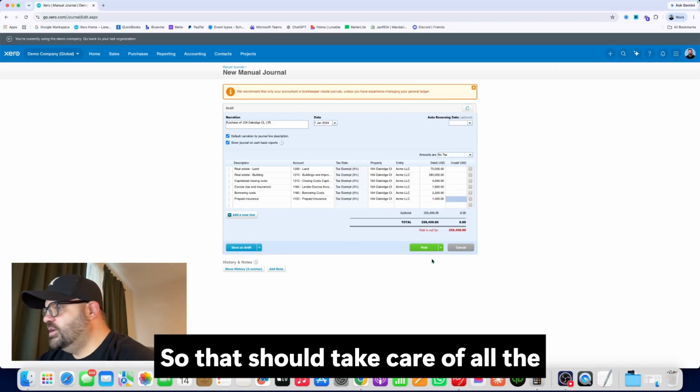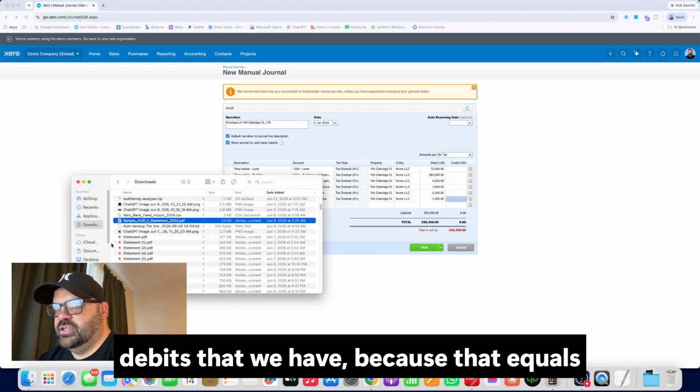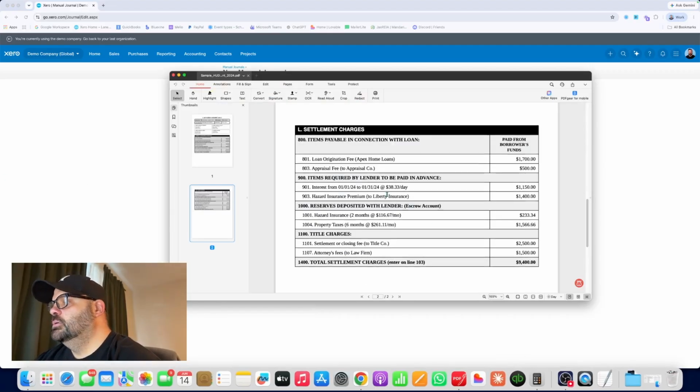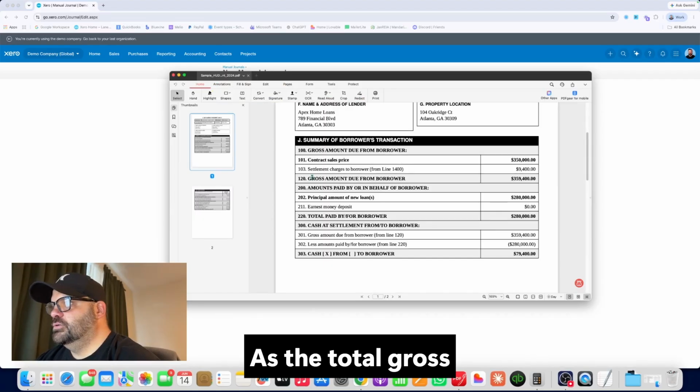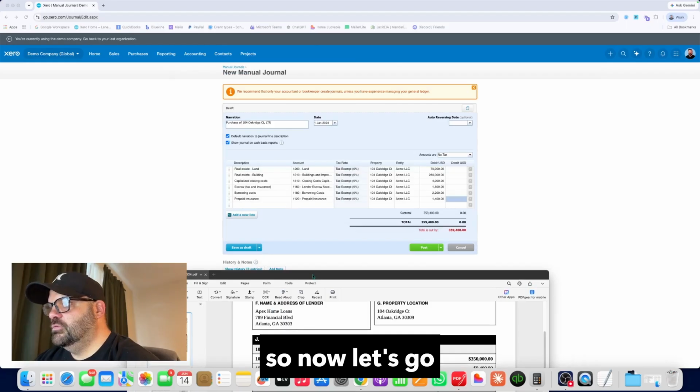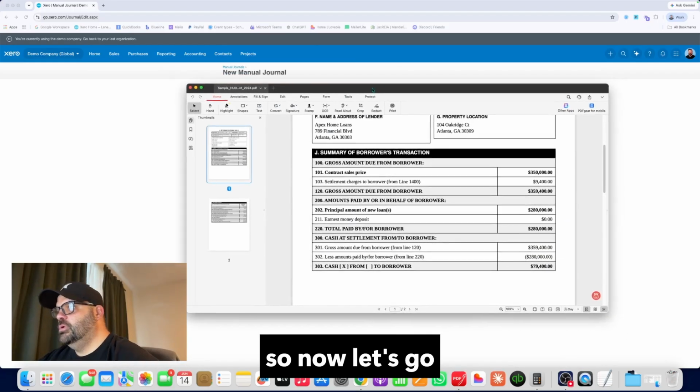So that should take care of all the debits that we have, because that equals what we just had seen as the total gross amount due. So 359,400 and 359,400. Okay.